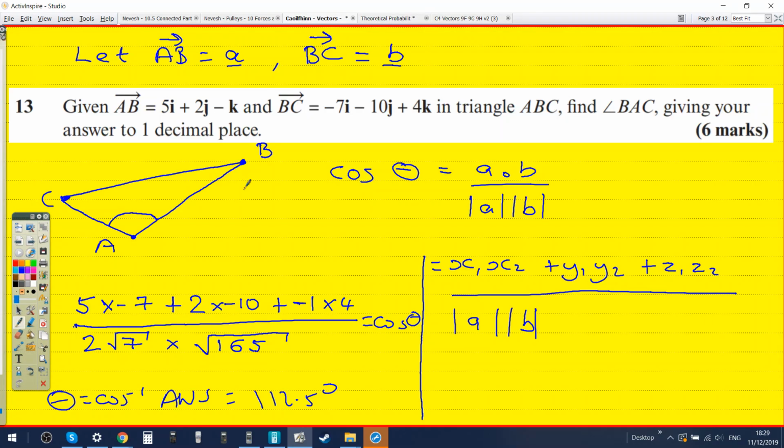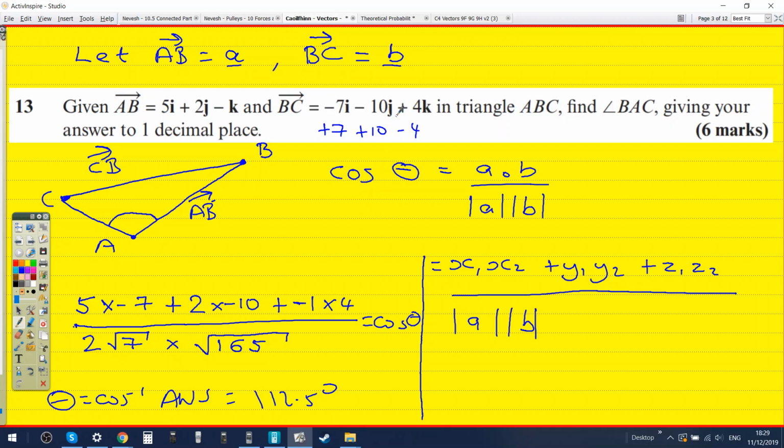Okay, let's see. So A to B is one vector. So this is the vector A to B. Then B to C is this other vector. Yes, I think that's because that's going in the other direction. So I think we have to do C to B. And so I think we need to change the signs for all of these. So I think this has to be plus 7, plus 10, and minus 4. What would that change? That would not change the magnitude, but it would change the number on top.